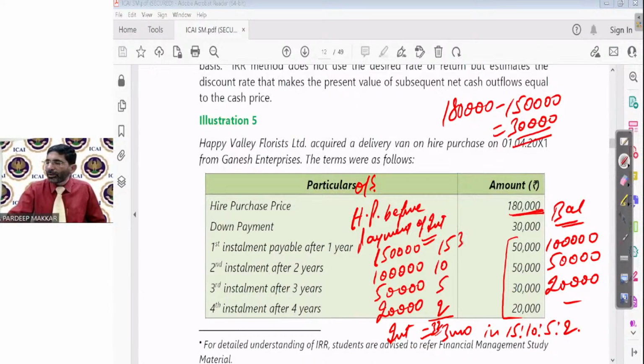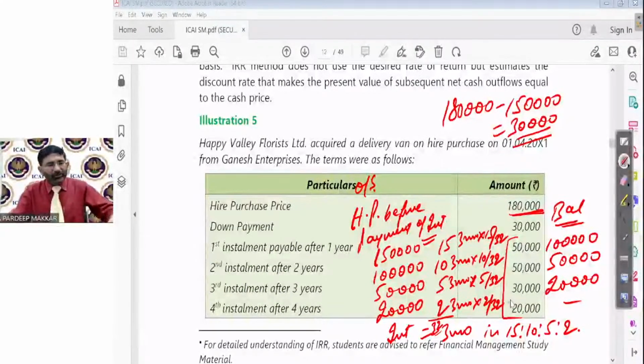So 30,000 into 15 by 32, 30,000 into 10 by 32, 30,000 into 5 by 32, 30,000 into 2 by 32. Is that clear?